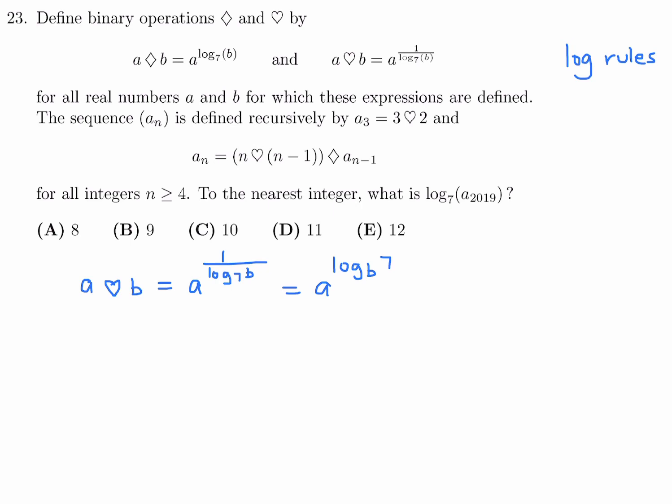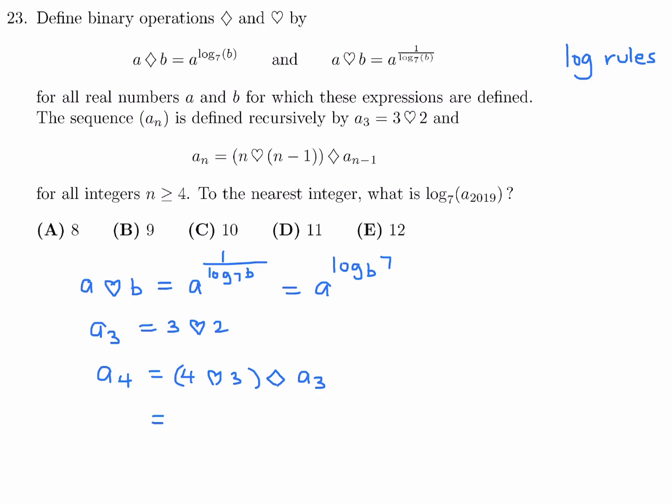And then now let's talk about a3, since that's where the recursion begins. That's 3 heart 2. Okay, so let's see, what will a4 be? a4 is going to be using this rule. So let's use that rule. That's going to be 4 heart 3, entirely based on what they're giving me, and then times this diamond of a3, like that.